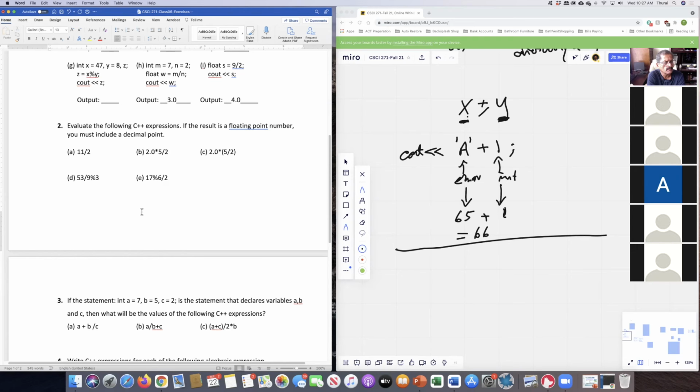Would it be 2.0? 2.0 is wrong. Would it just be 2? 2 is right.